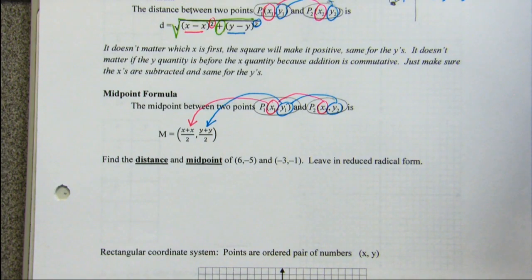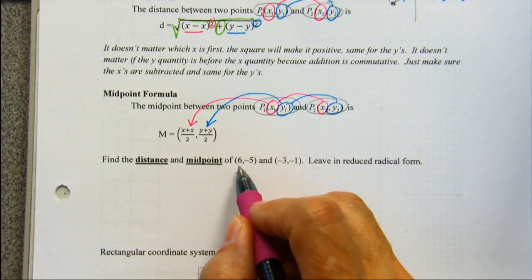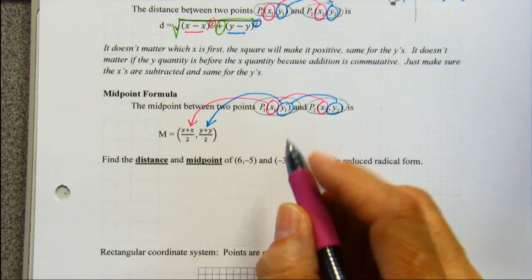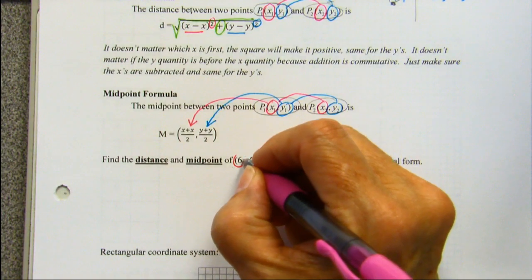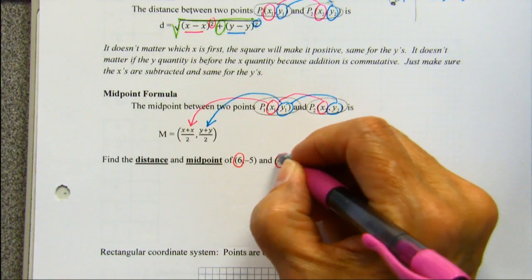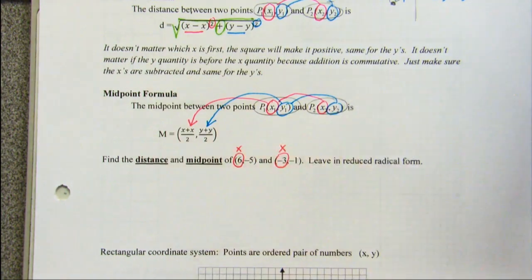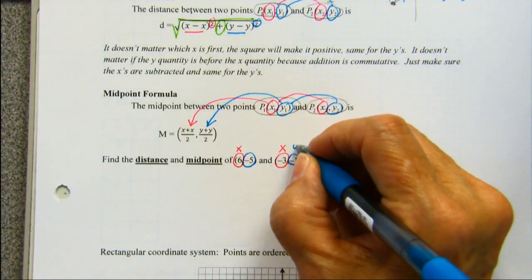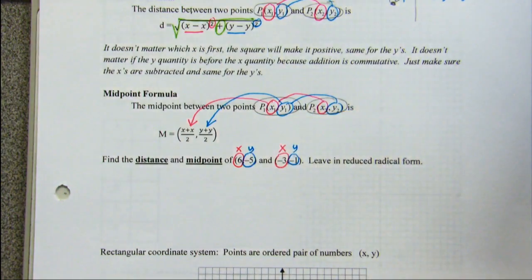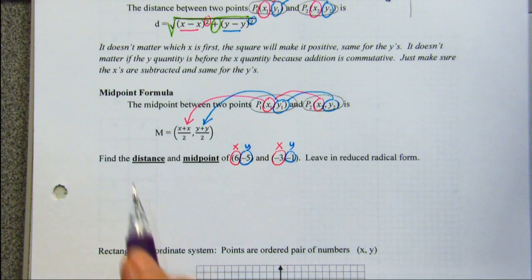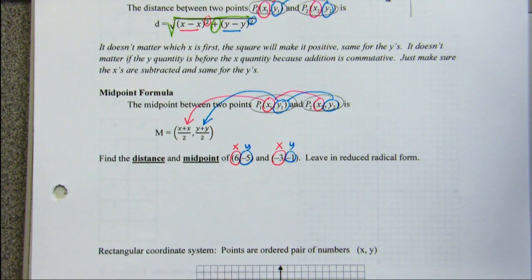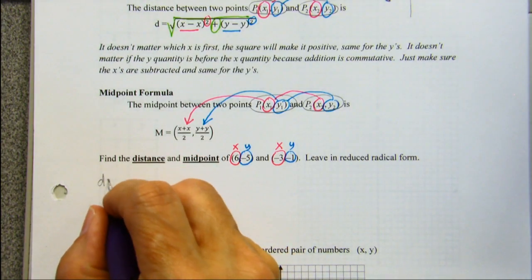All right, so here I am given the coordinate 6, -5, and the coordinate -3, 1. The 6 and the -3 are your x values. The -5 and the 1 are your y values. With the same coordinates, we're going to find the distance and the midpoint. So my distance.